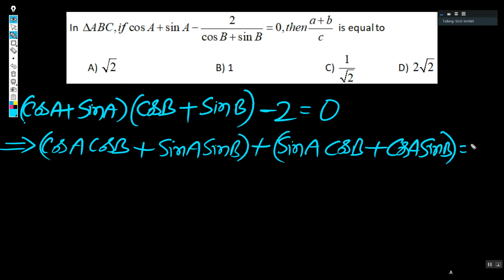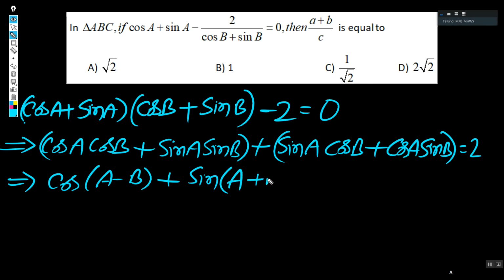Which implies cos of A minus B plus sine of A plus B. Maximum value is 1. So if it is to be 2, they must take maximum value. Otherwise, not possible.